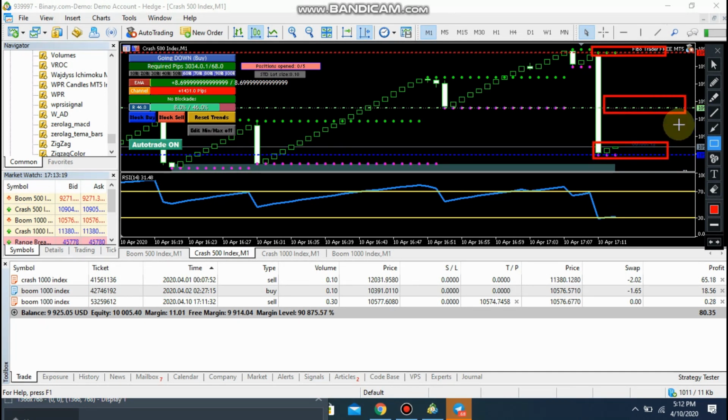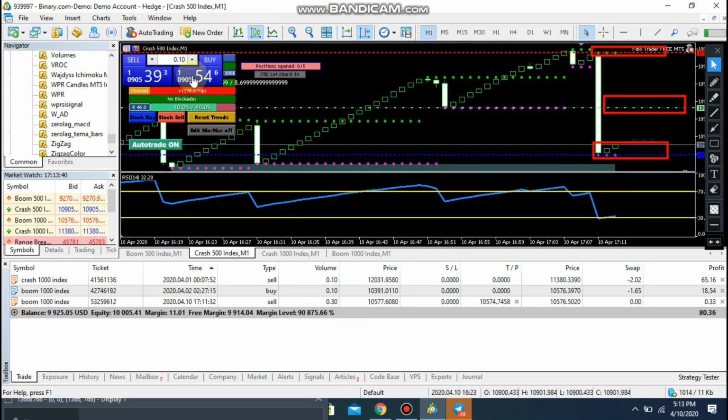Here is where the TP is. Here you have to choose 3 or 4 candles then out, or maybe when you check the trend and the trend is good, you can get to the TP.